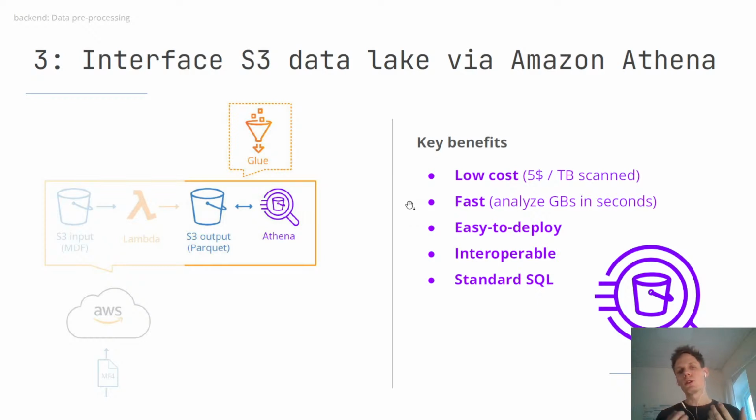Finally, you will want to set up, or the automation workflow will set up, something called Athena. And Athena is essentially a way to access this data in your data lake, but super fast. So what Athena does is that it provides you with an interface where you can write something called SQL queries. And that allows you to say, okay, give me average speed for a specific set of devices for a specific time period.